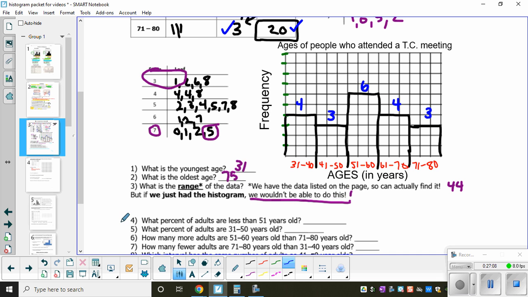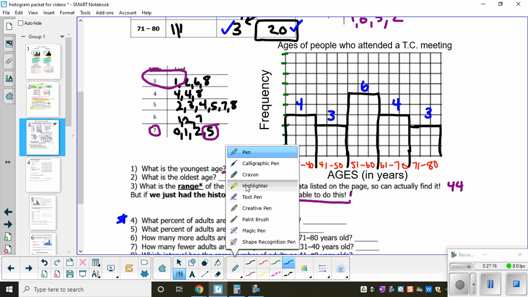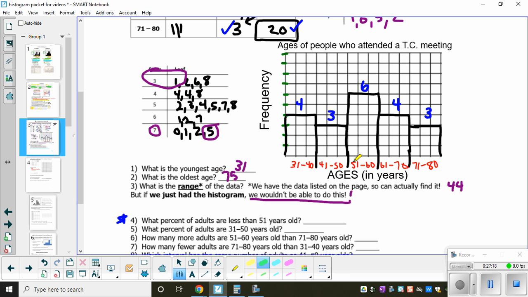All right, now this is a big thing right here, and I know it's been 27 minutes into the video, but this question right here is kind of a big deal. If I ask what percent of adults are less than 51 years old, okay? So I'm going to highlight it in my histogram. Less than 51 means you're either in this category or you're in this category. So less than 51 means you fall into one of those two categories. Now we can see that there's 7 people who fall in these two categories.